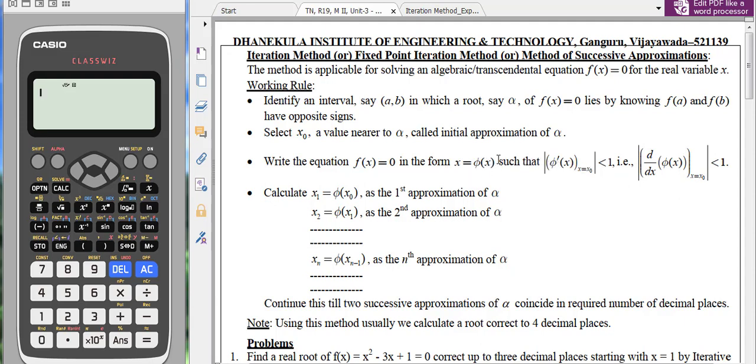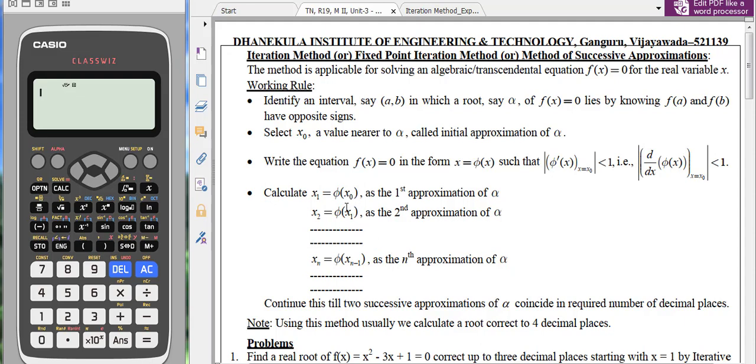this particular relation x = phi(x) can be used as an iterative scheme to get the successive approximations of the root alpha, from which we have x1 = phi(x0) as the first approximation of alpha, and x2 = phi(x1) as the second approximation of alpha, and so on. xn = phi(x(n-1)) is the nth approximation of alpha.